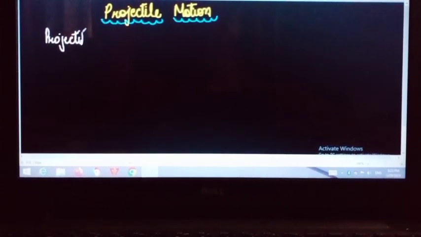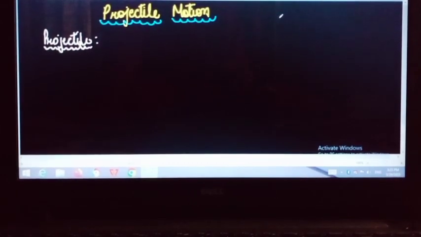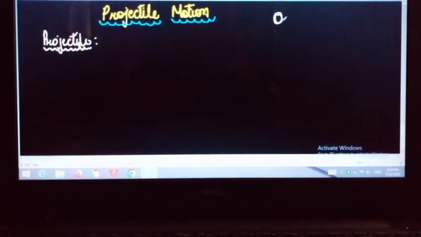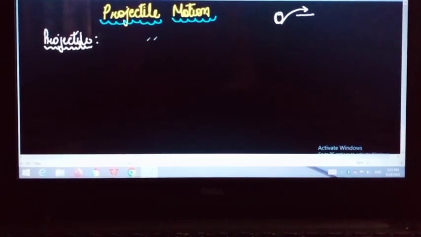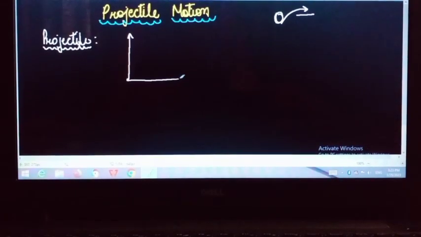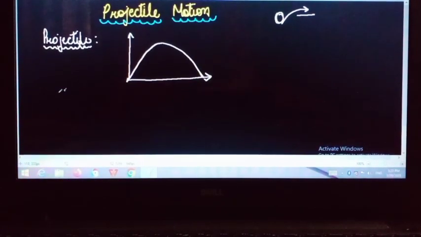A projectile, as the term suggests, is an object which is thrown upwards and gains flight when it is thrown in the air. For example, any object thrown in the air at an angle theta with the horizontal exhibits projectile motion.